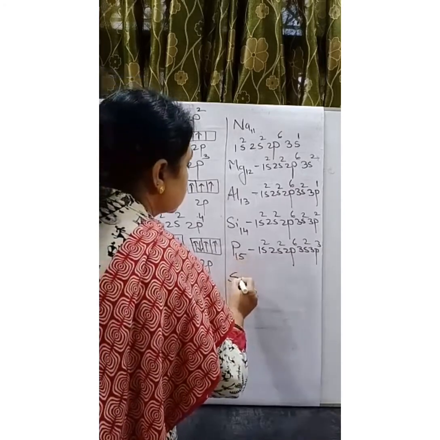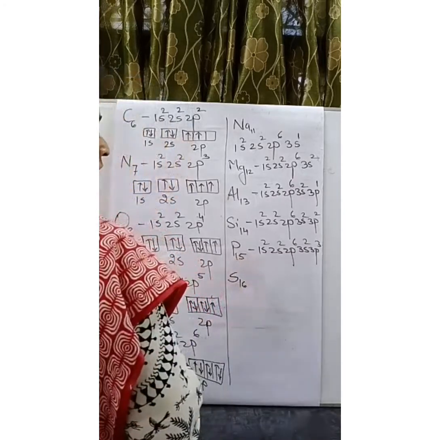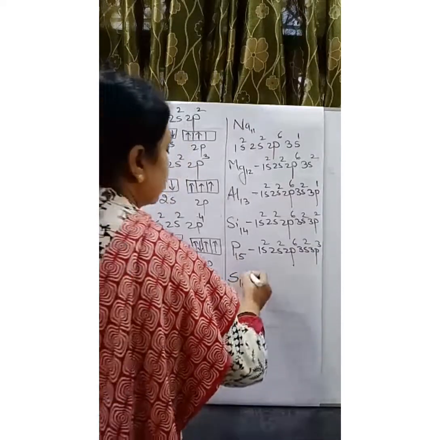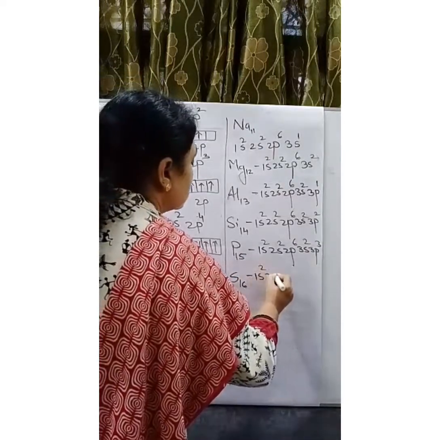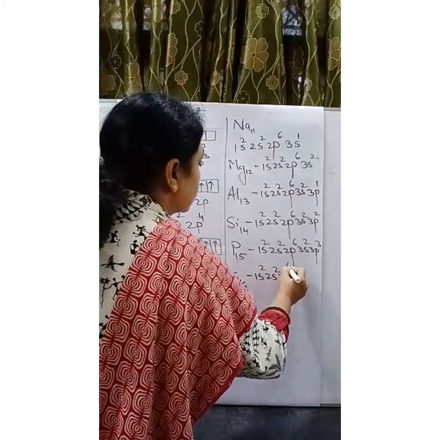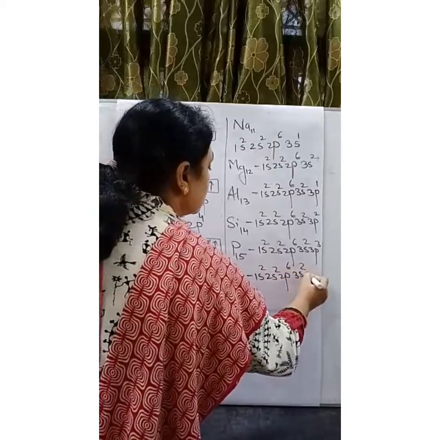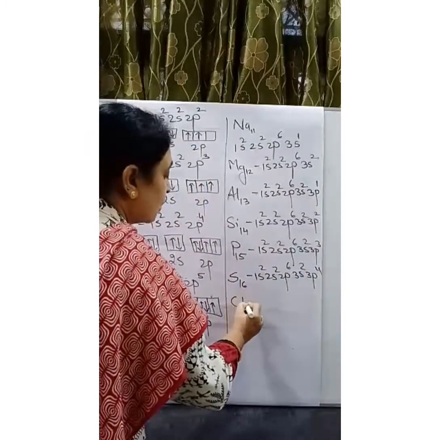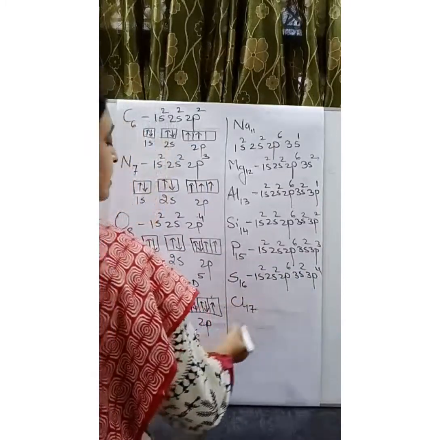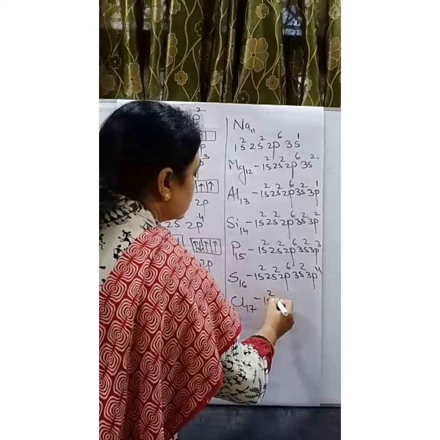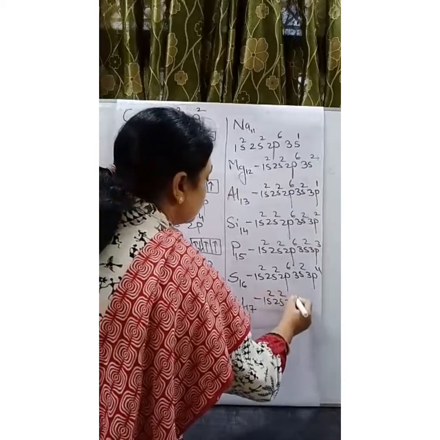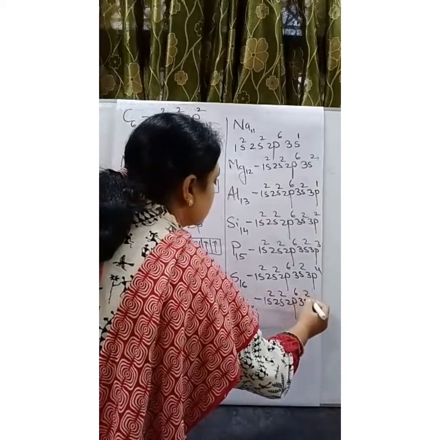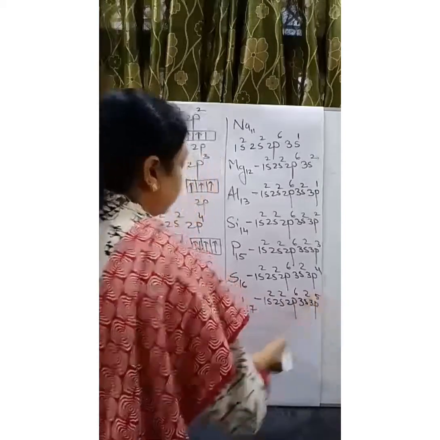After this comes sulfur. Atomic number is 16: 1s2, 2s2, 2p6, 3s2, 3p4. After sulfur comes chlorine, atomic number 17: 1s2, 2s2, 2p6, 3s2, 3p5.